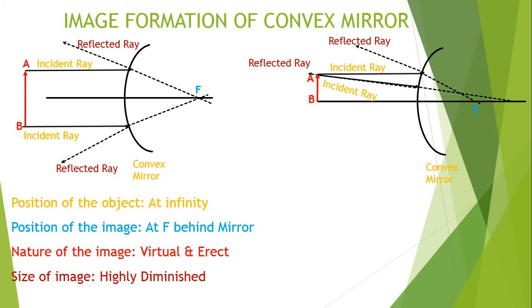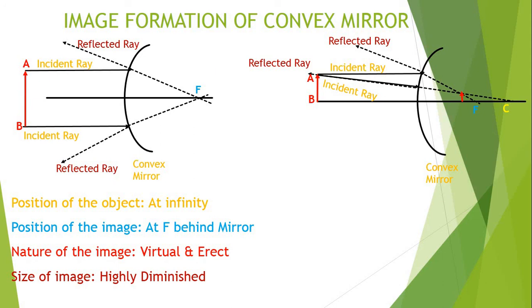Because of this, these two reflected rays appearing at the back side will intersect each other at some point, and at that place you get the image. So here the image is behind the mirror and between the pole and the focus.